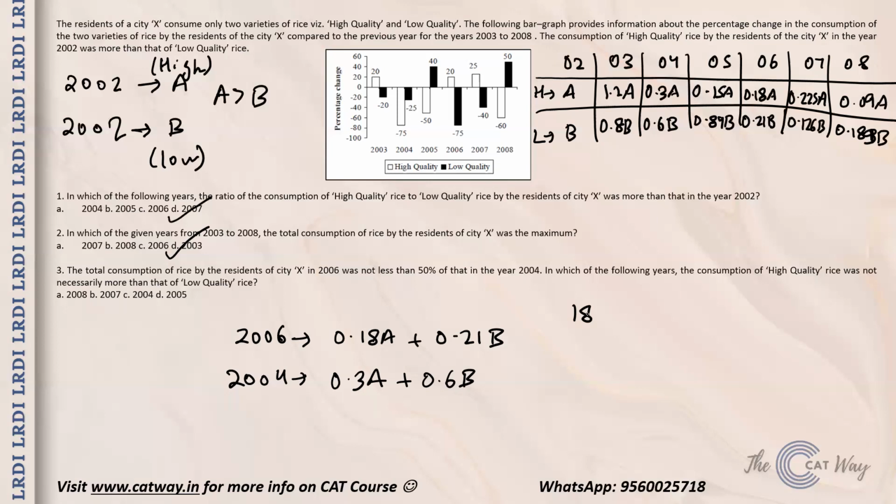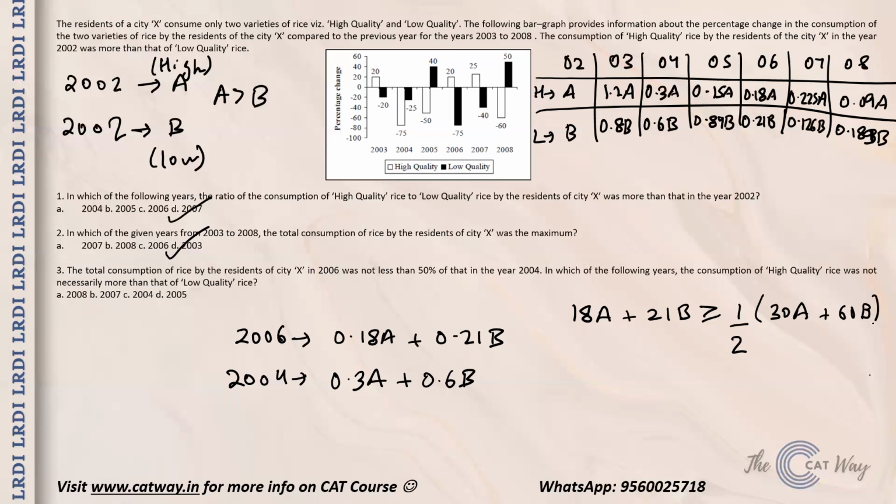So 18a plus 21b is greater than or equal to half of 2004, because it is not less than half. So the minimum value would be 50% of 2004, which is 1 by 2 of it. So this will be 30a plus 60b, right?